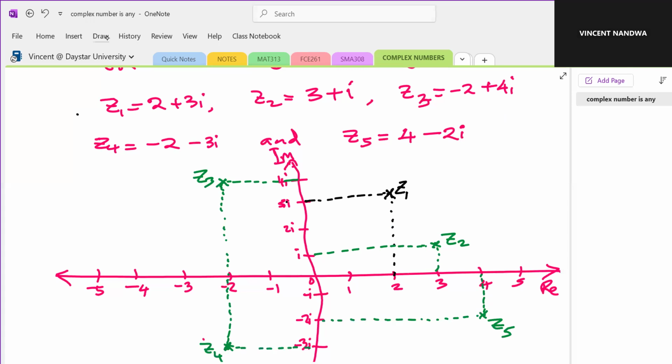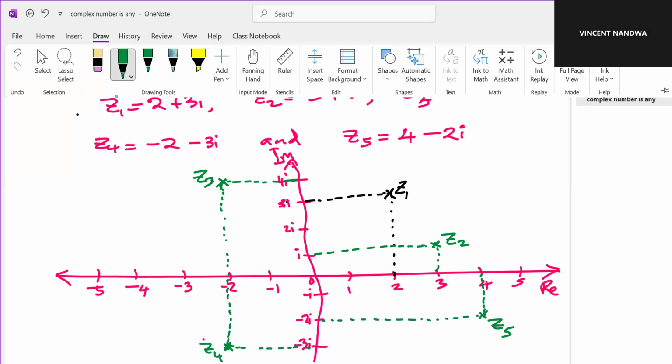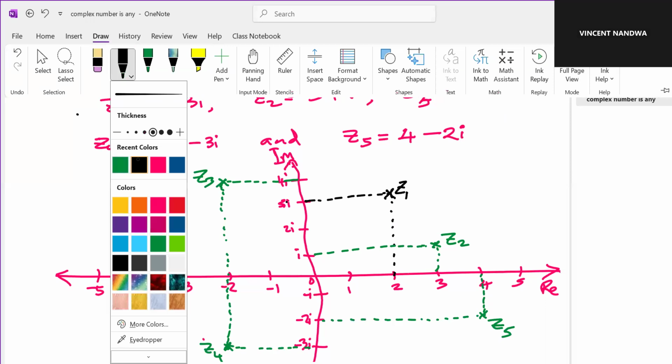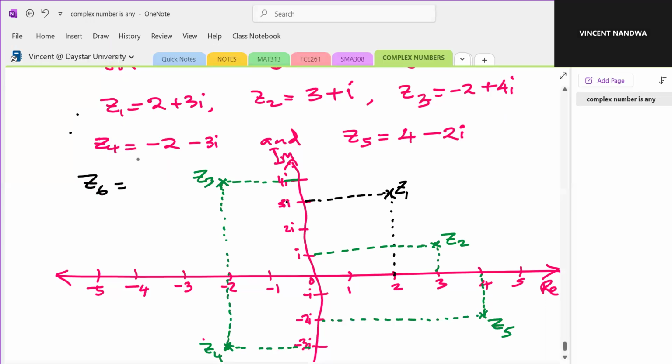Assuming we had a Z6 given by 2i. 2i means that the real part is 0, so you are just on the vertical axis. So Z6 will be here.